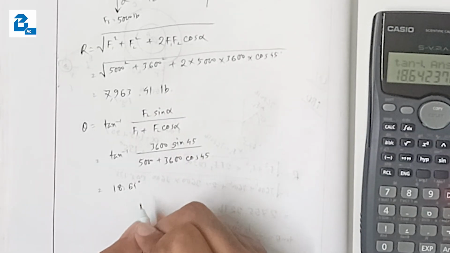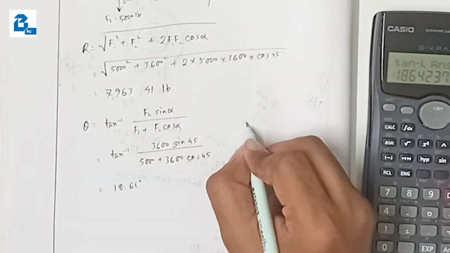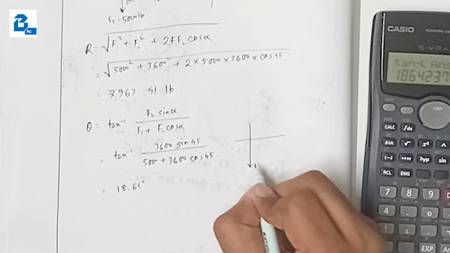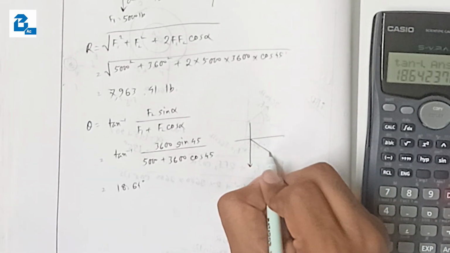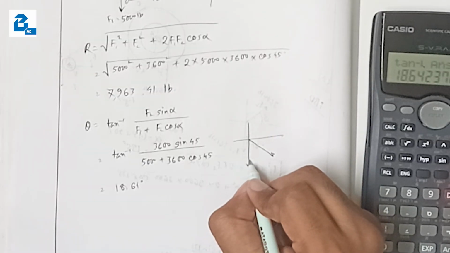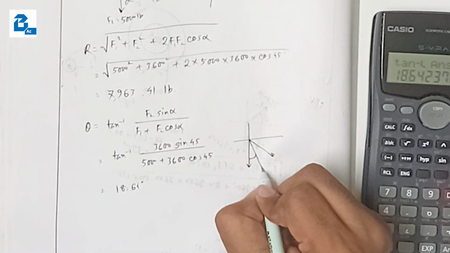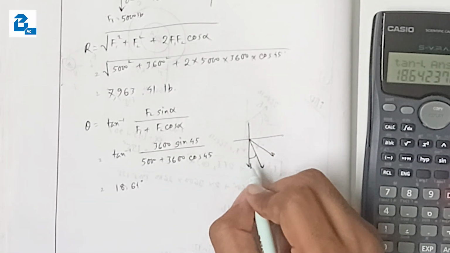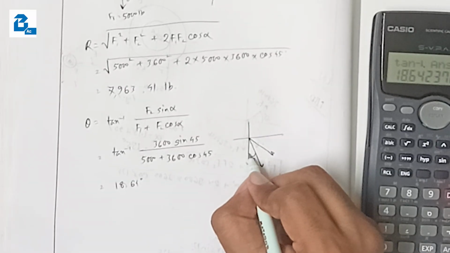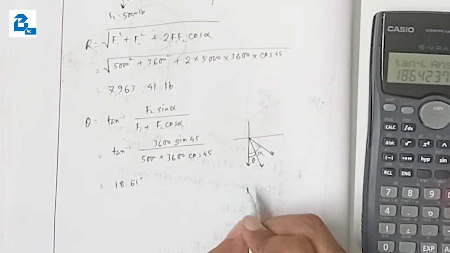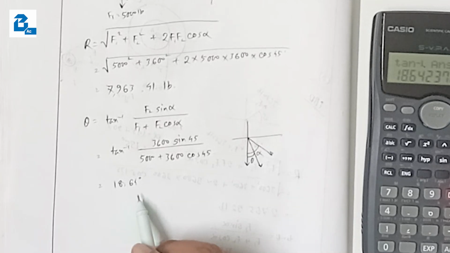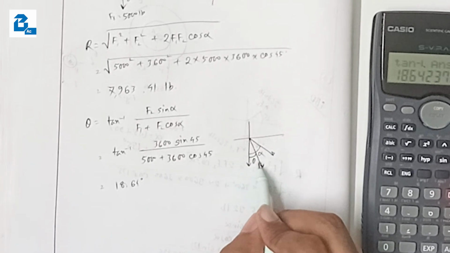So it would be from the vertical axis. This angle would be the theta and the total would be alpha. So we get 18.64 degree from the vertical axis.